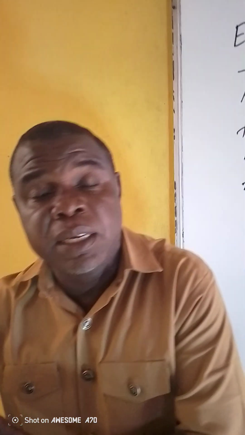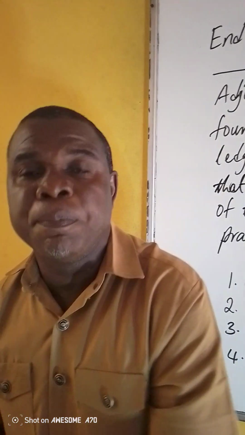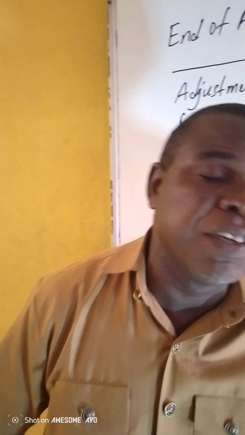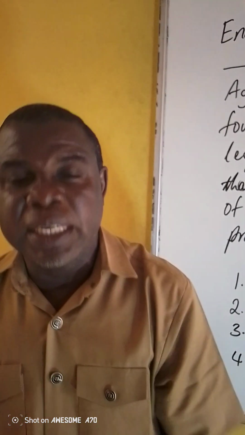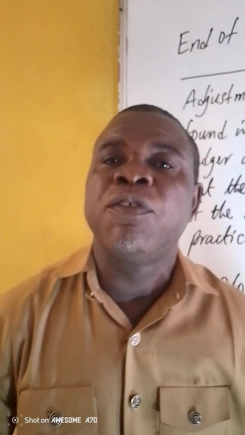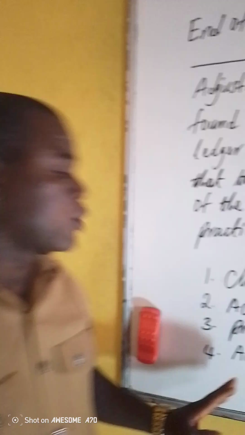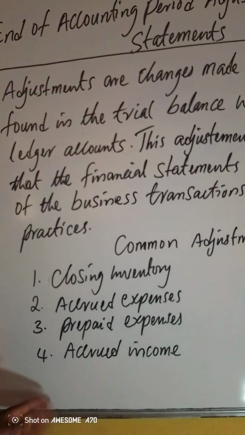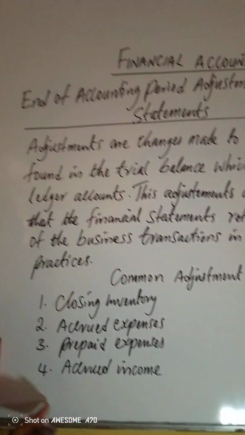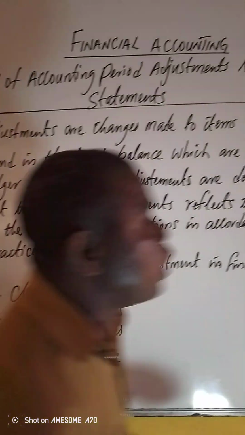Just like rent, the business can decide to sublet part of the premises, or get interest from somebody based on the transaction given to the person, but at the end of the day, the income has not been received from the person or the organization. Such income is referred to as accrued income, and it must be adjusted in the financial statement to reflect the true position of the business.